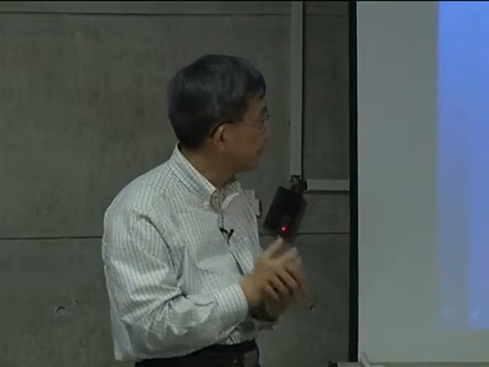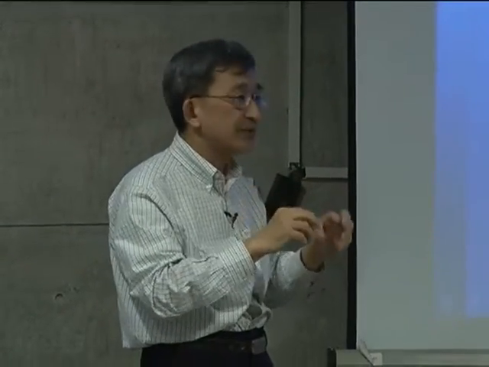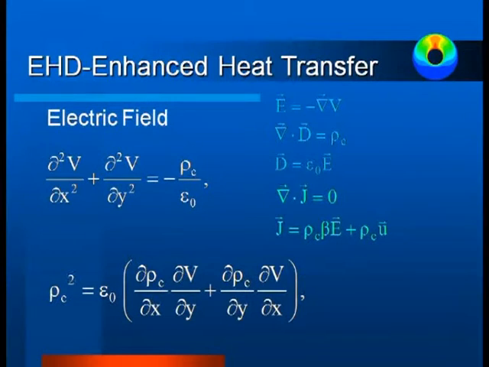So we have to add that charge into the Laplace equation, and it becomes the Poisson equation. So the charge density is very important. And through continuity, we have this charge equation, okay? These are the equations that I'm talking about for the electrical field.